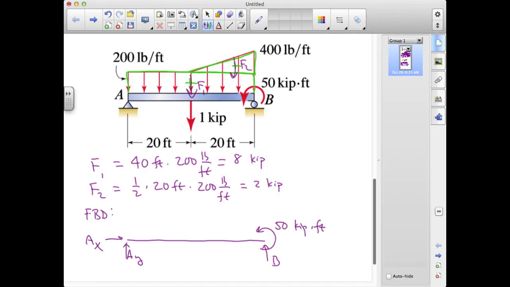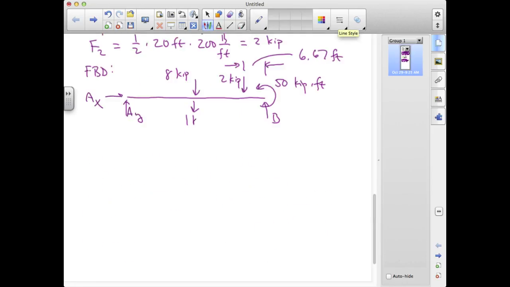We have our force F1, which is 8 kips right in the middle. And we have our force F2, 2 kips. And the center of this is a third away from its base. This distance right here is going to be 6.67 feet. We also have a 1 kip discrete load right in the middle as well.